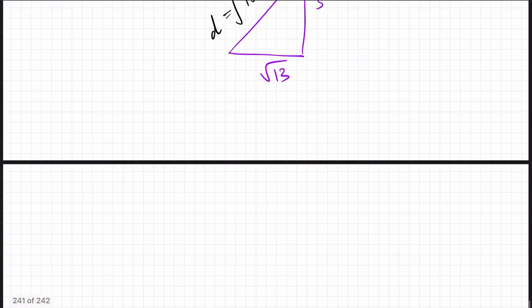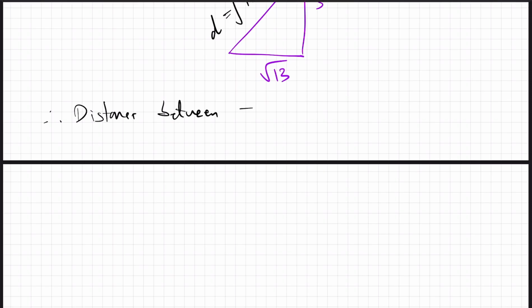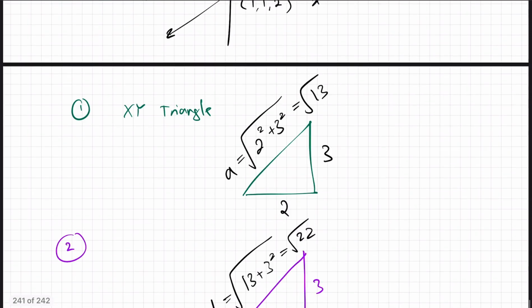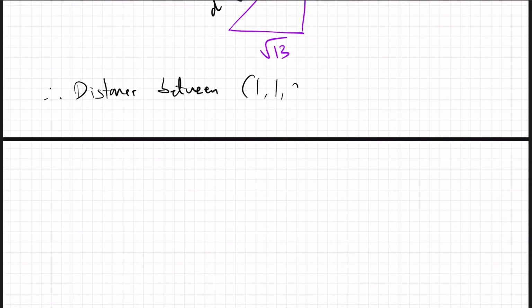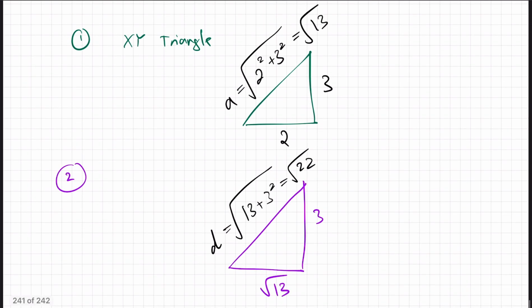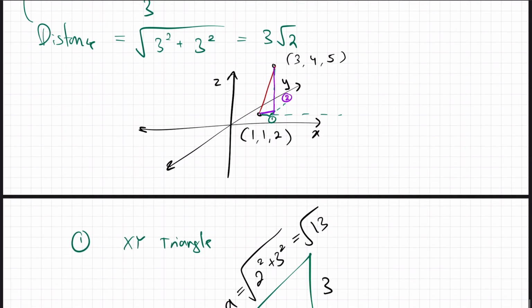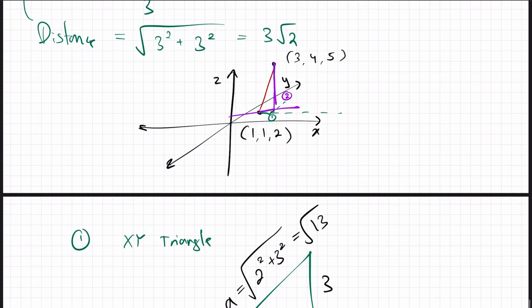Therefore, the distance between these 2 points, 1, 1, 2 and 3, 4, 5, is root 22. So that's basically how you work out distance in 3 dimensions. You split it into the bottom triangle, normalized to one plane, and then you take that length and put it onto another triangle, which is another plane, and that should give you the overall length.